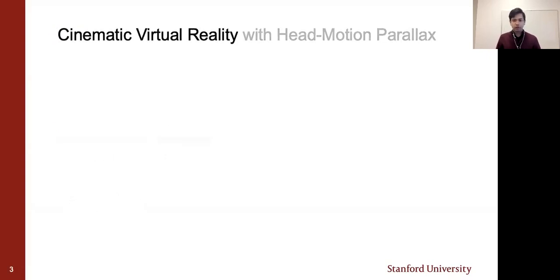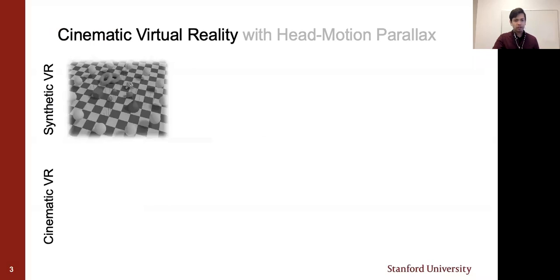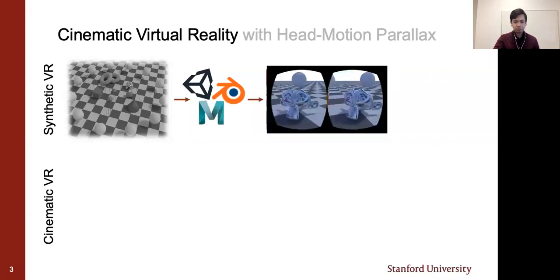What is cinematic virtual reality? Based on the type of content that VR deals with, VR is classified into two broad groups, cinematic and synthetic. Synthetic VR primarily deals with computer-generated CGI content that must then be processed by graphics rendering engines before being rendered onto a head-mounted display.